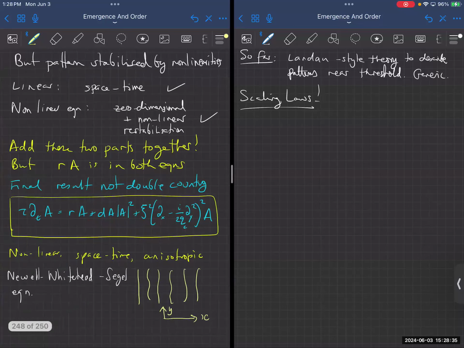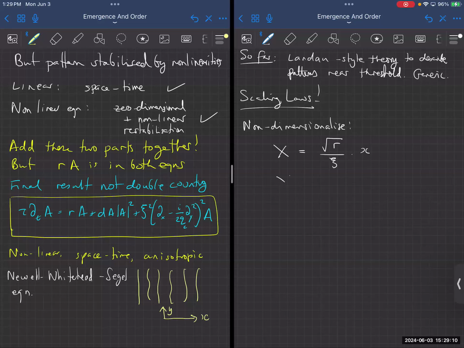So this equation, I'm just going to use the Newell-Whitehead equation. It has dimensional parameters in it. Well, it's got all these length scales and things like this. So let's non-dimensionalize it. I'm going to define a new space scale, X is the square root of r over xi times x.